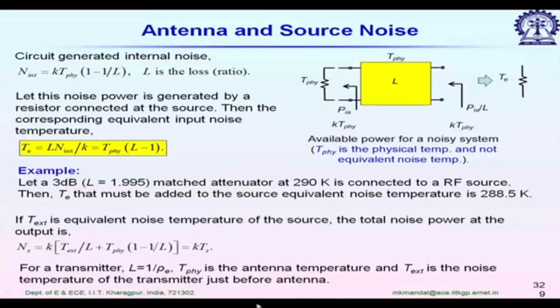We can say L, the loss due to the antenna, is 1 by rho or 1 by 0.9. Then T physical is the antenna temperature, let us say. So, this is the physical temperature of the antenna, and T external is the noise temperature of the transmitter just before the antenna. So, in that case we can calculate the noise power available from this antenna and source, which can be given by K Ts.